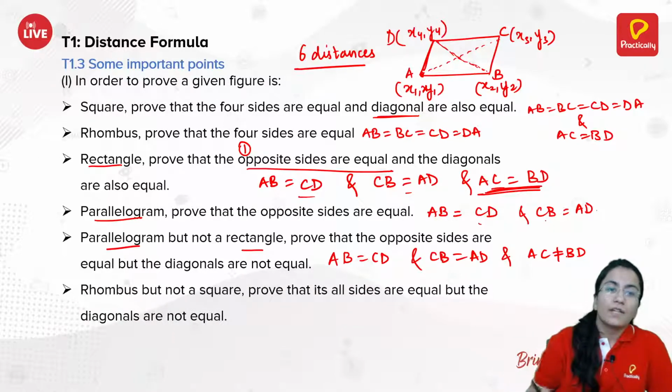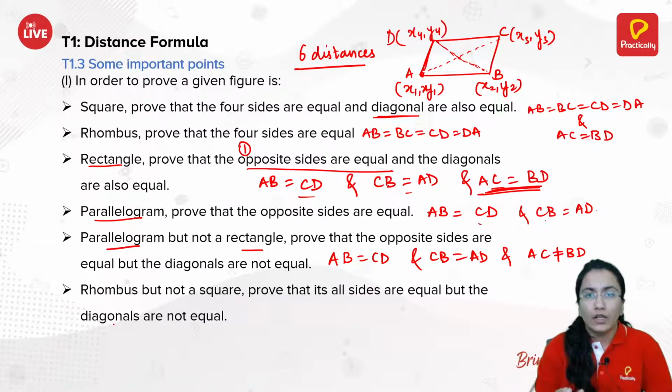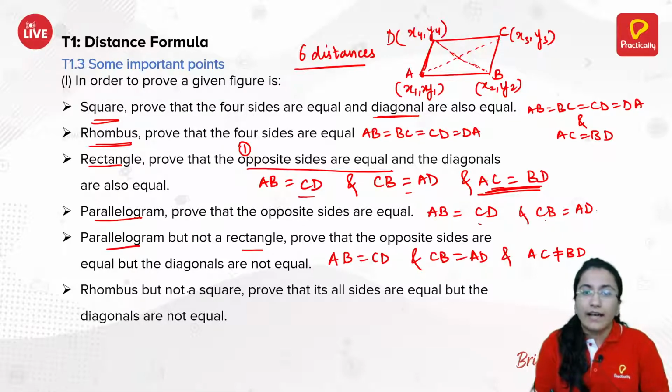Next is we have a rhombus but not a square. For that, rhombus we need, but we don't need a square. You can see that rhombus as well as square has all its sides equal. That means to prove rhombus, you need to prove AB equals CD equals DA equals BC, right?